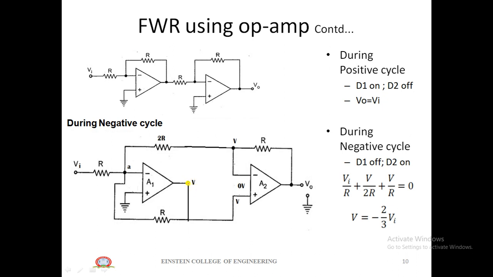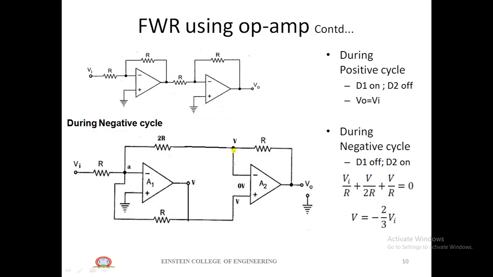This V is given to the input of the next operational amplifier. Here the input is given to the non-inverting terminal. Then whatever the potential in the non-inverting terminal will appear in the inverting terminal also.